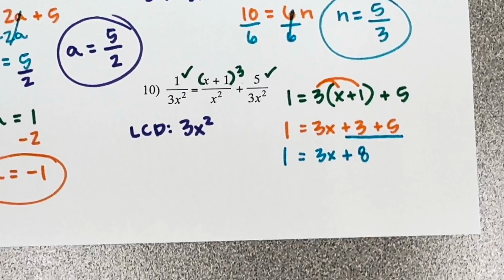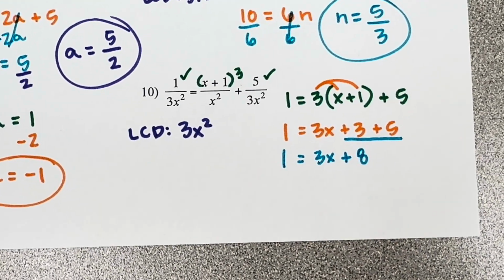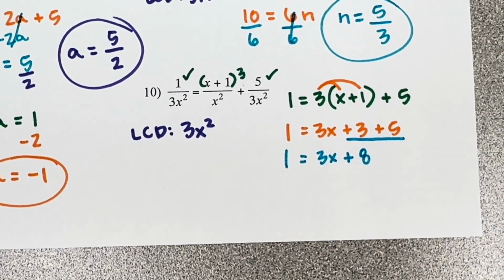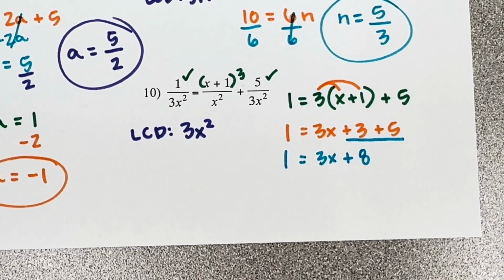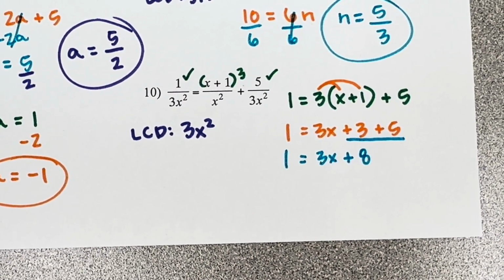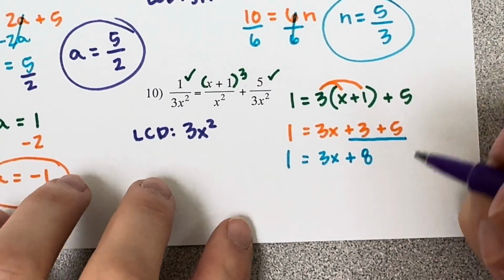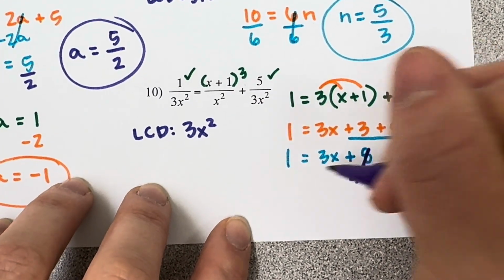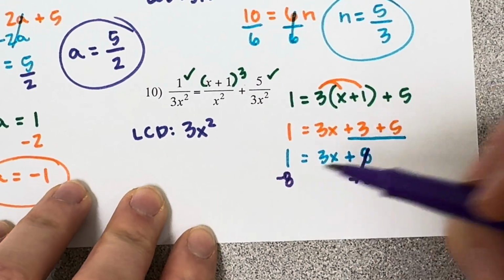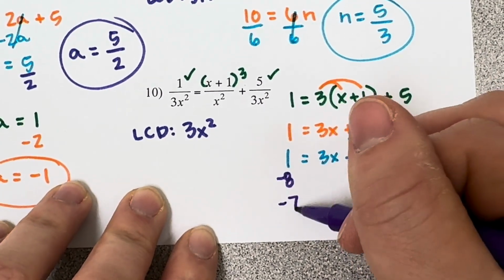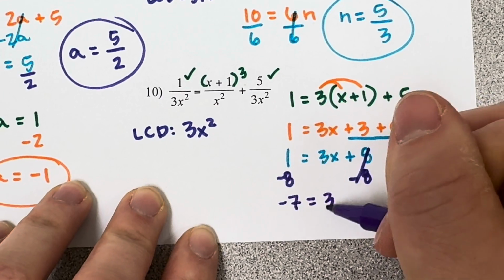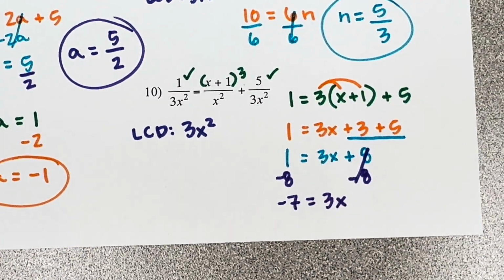Okay, don't need to move any x's. I can just start getting rid of things so that my x is all by itself. Okay, so I need to get rid of the 8 first. It's farthest from my x, so do the opposite. Subtract 8. Okay, well 1 minus 8 is going to give me negative 7 equals 3x is left.